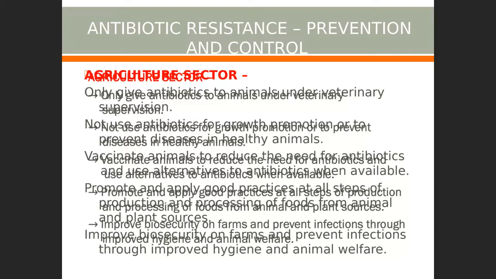Hygiene should be maintained in order to improve the foods coming from the animals and the plants. So all these people are responsible for preventing or controlling antibiotic resistance, from individuals to policymakers, healthcare professionals, and also the people working in the agricultural sector.